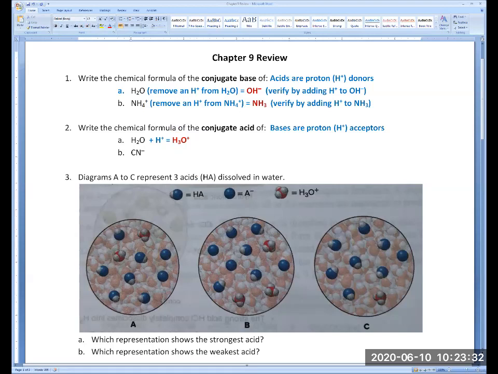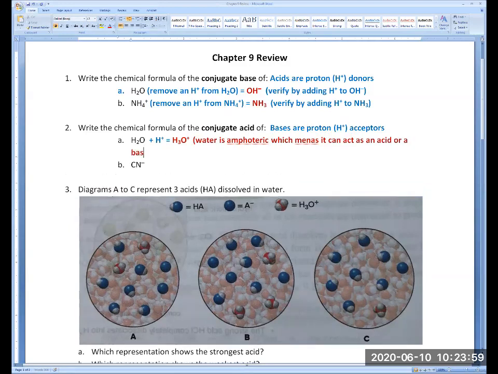I need to say that water is what we call an amphoteric substance. Let me write this. Water is amphoteric, which means it can act as an acid or a base.